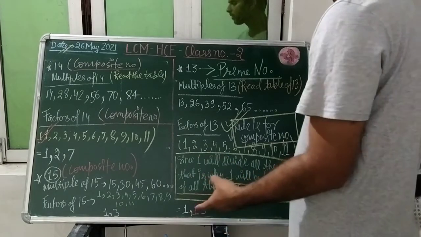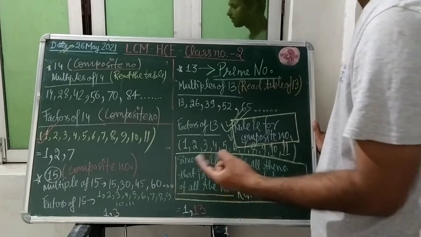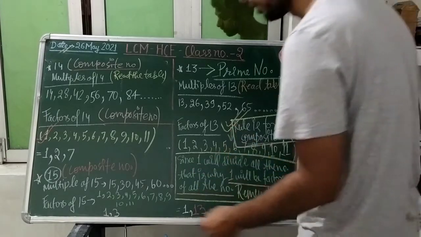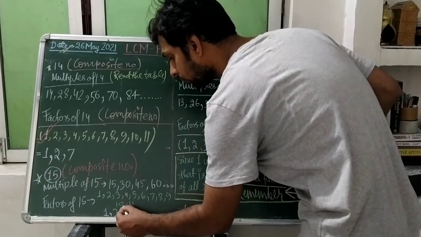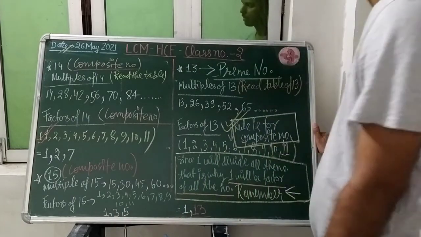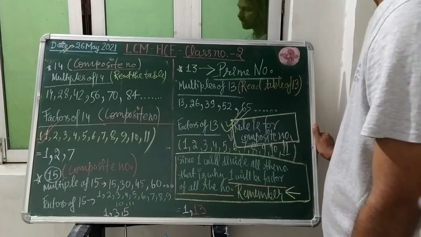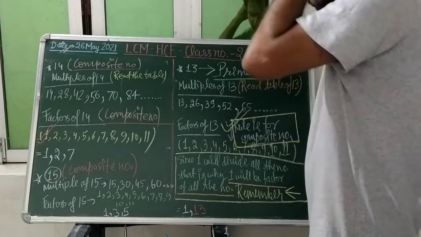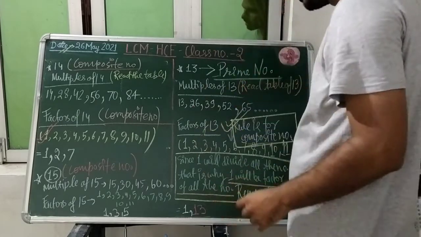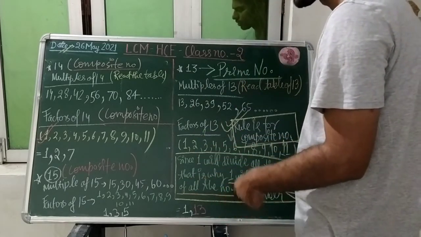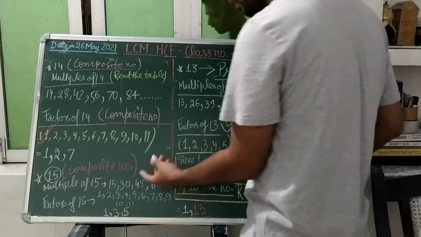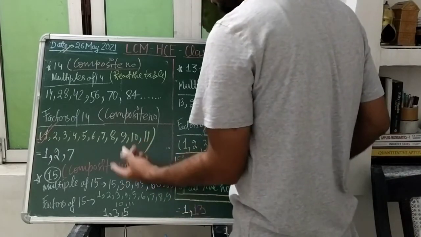Will 4 divide 15? No. Will 5 divide 15? Yes, 5 threes are 15, so 5 will be a factor of 15. Will 6 divide 15? No. 7? No. 8? No. 9? No. 10?